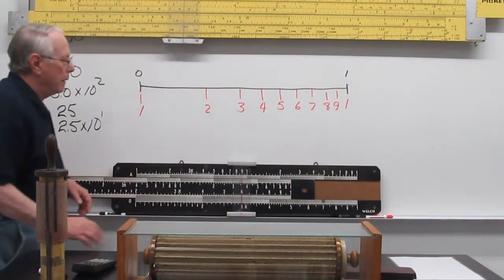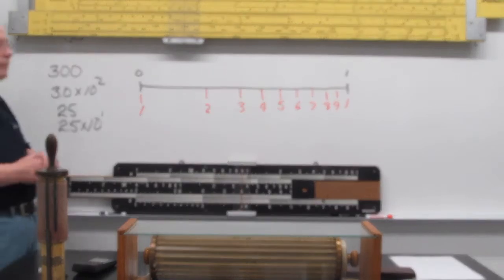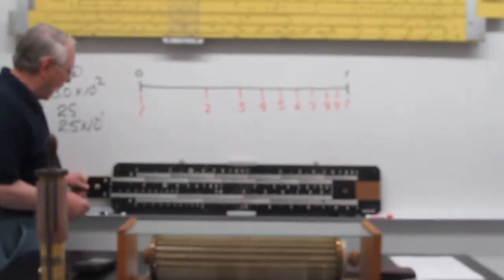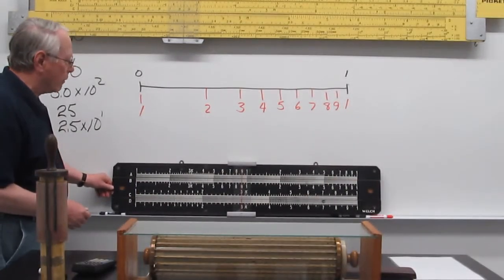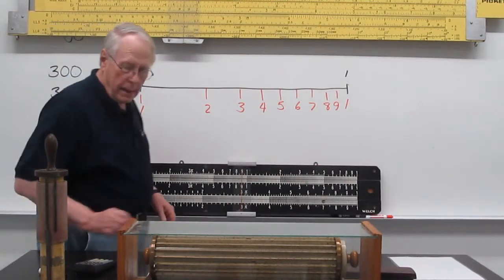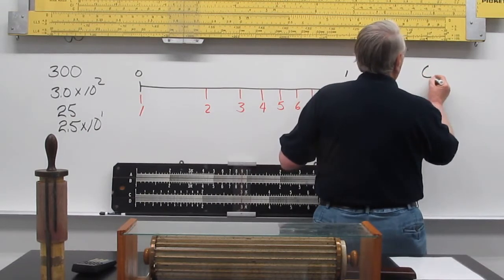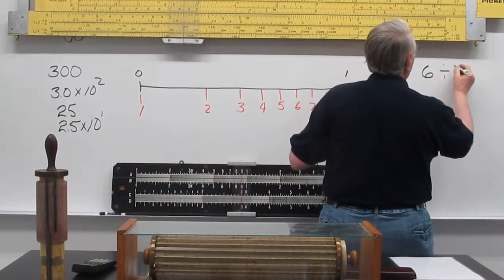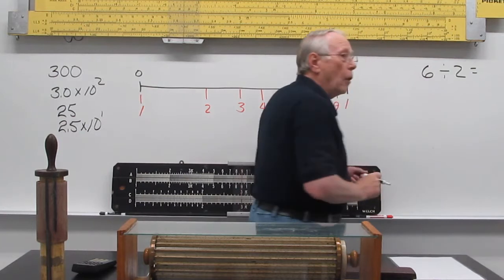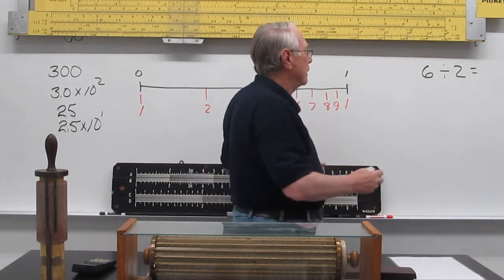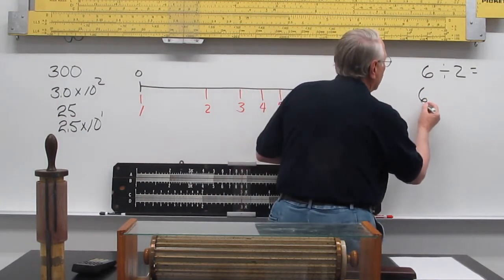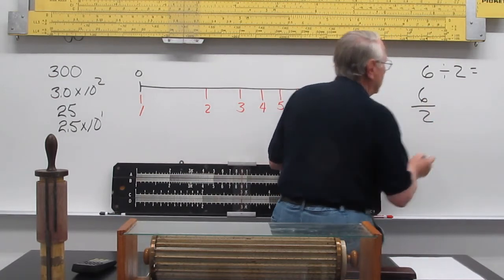Now, what about division? Well, division is actually easier than multiplication. If we want to divide, say, 6 divided by 2, we know that we can change that to a fraction, 6 over 2.